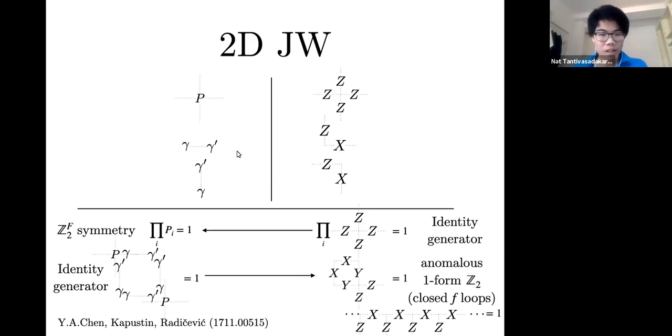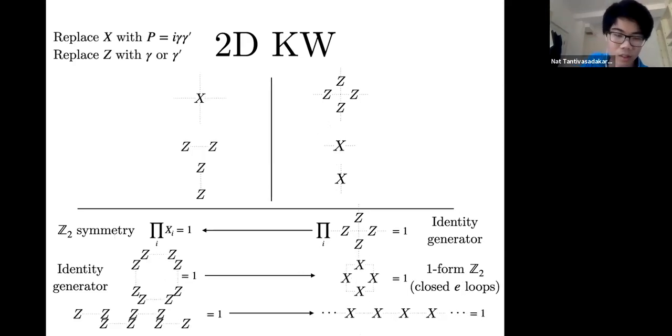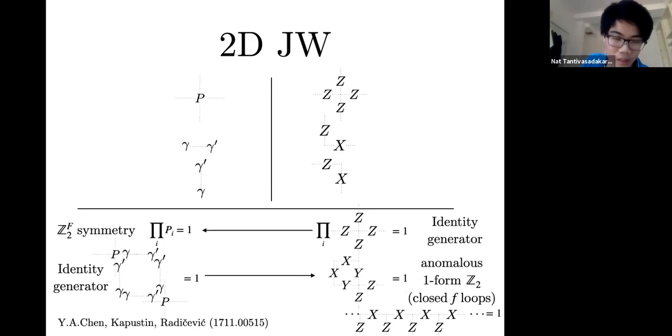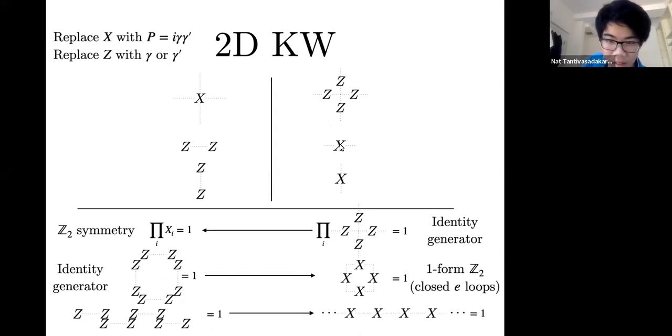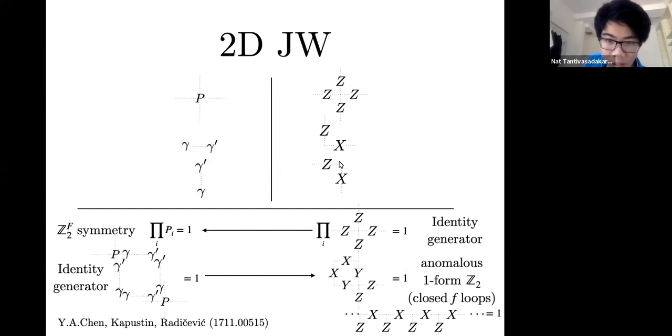But now you notice that these Majorana hopping operators don't need to commute like in the Ising case. In the Ising case, they were just Z's. But now, since they are gamma and gamma prime, they don't need to commute anymore. It turns out that I can still send this to X living at each link, but I need to add extra Pauli Z's in order to make the commutations work out.